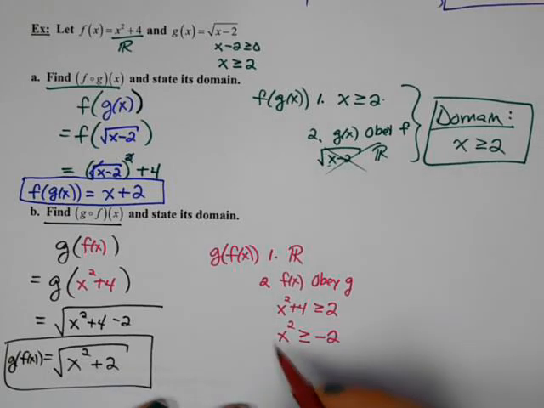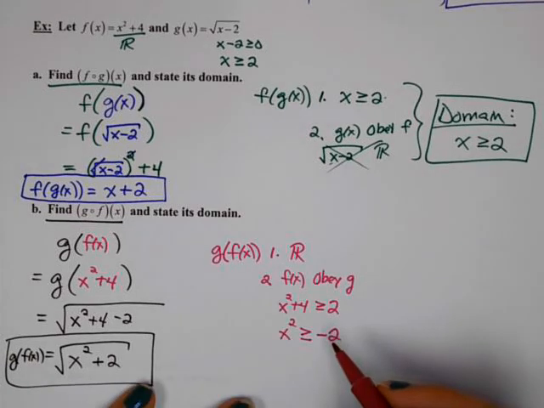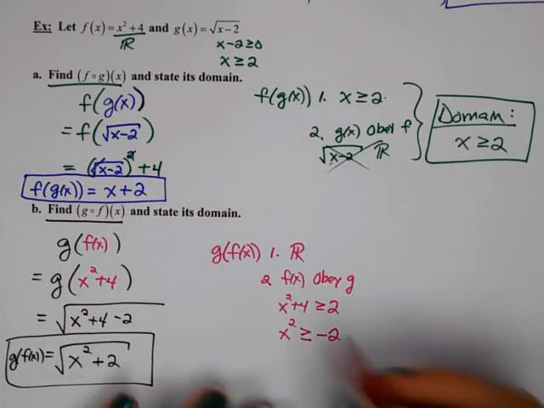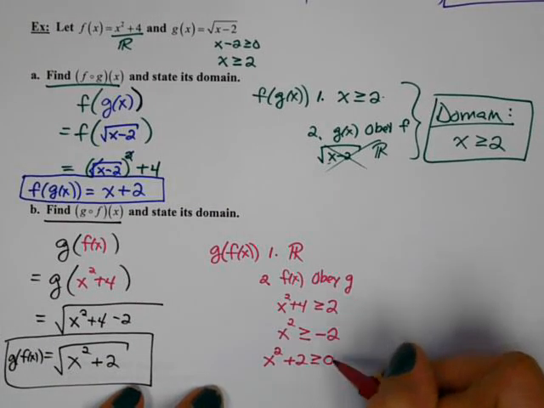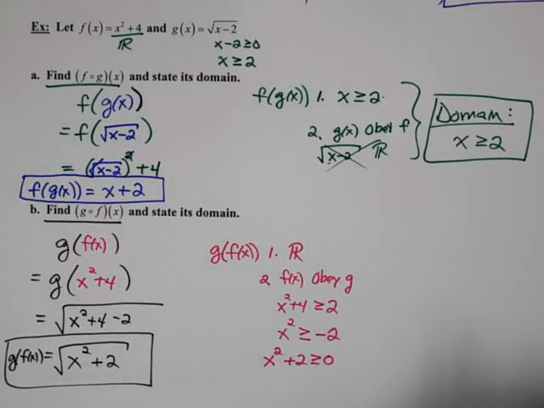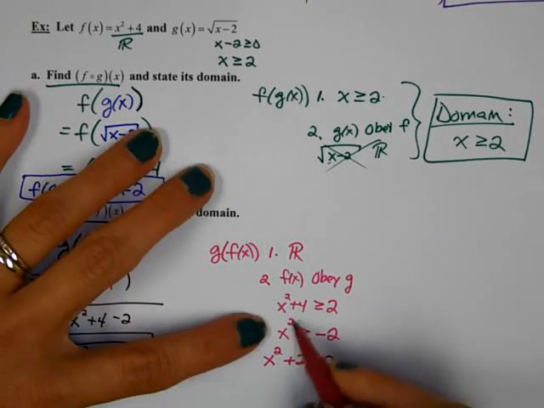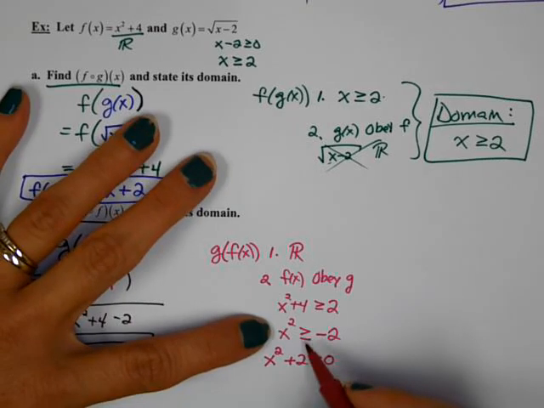I know I'm not allowed to square root a negative. X squared has to be more than negative 2.